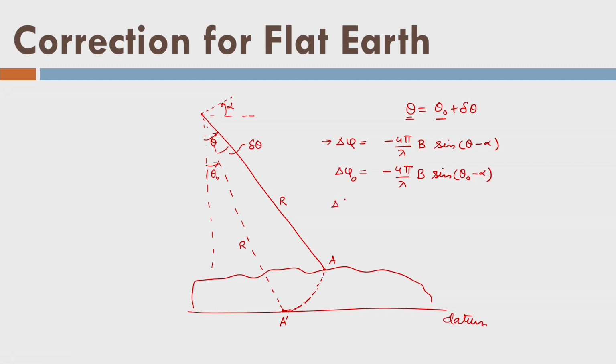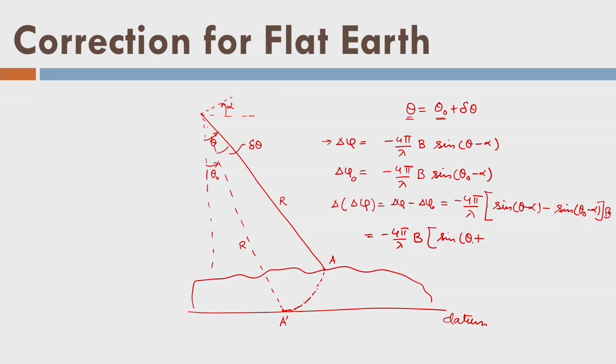Now, if I take the difference of the two, that means delta of delta psi, which is the difference of delta psi minus delta psi 0, I will have 4 pi by lambda b into sine of theta minus alpha minus sine of theta 0 minus alpha. Now, I can write it as 4 pi by lambda b into sine of theta 0 plus delta theta minus alpha minus sine of theta 0 minus alpha.